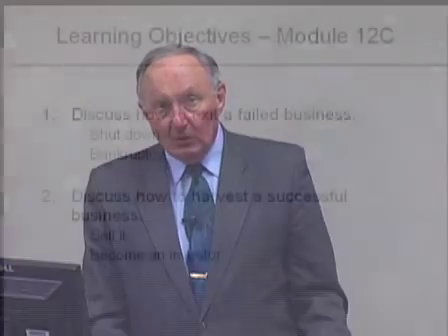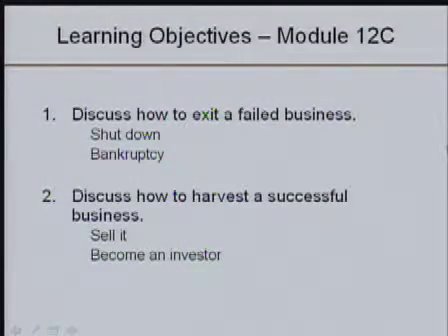However, for this last lecture, we are going to look at what is called either an exit plan or a harvest plan. Different textbooks use different terms. Basically, an exit plan is the term that a lot of people use for a failed business, such as when you have to shut it down or go bankrupt.